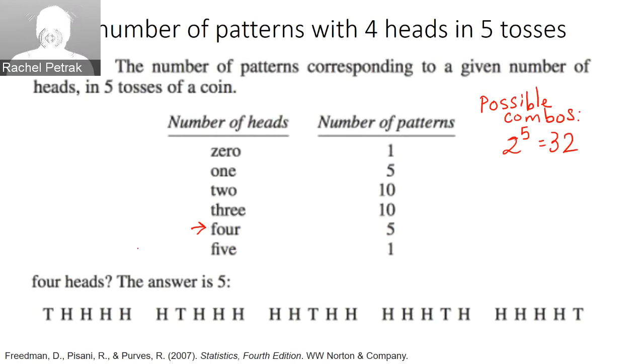So this is just getting us started. You can see that when we have 4 heads, there's 5 different ways. We could have a tail first, a tail second, a tail third, fourth, or fifth. And any of these possible patterns will give us 4 heads. There's 5 patterns, okay?